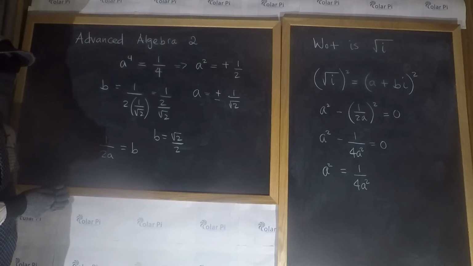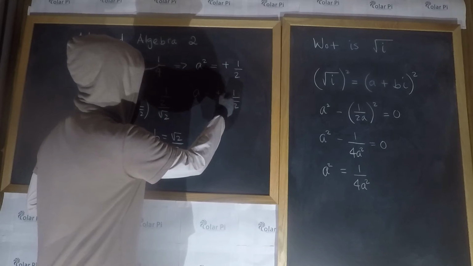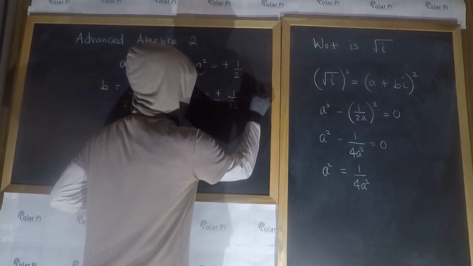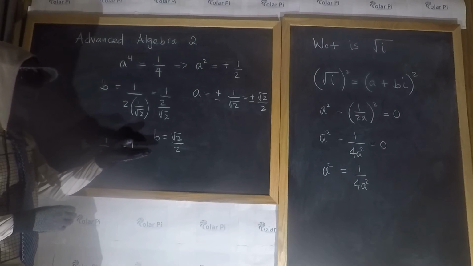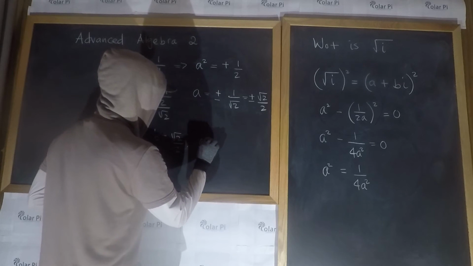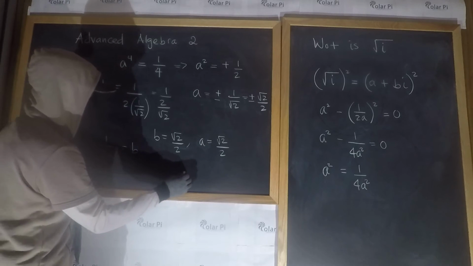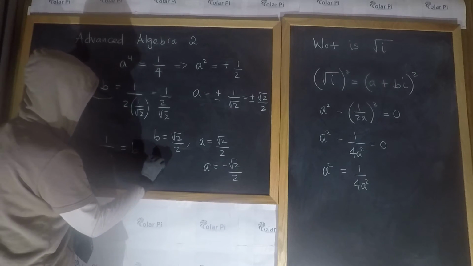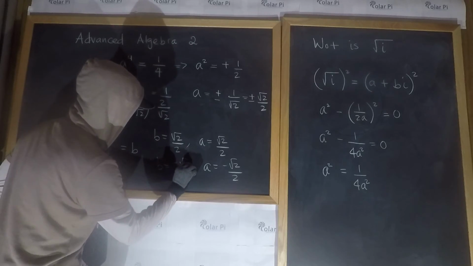Remember, saying a is equal to plus or minus 1 over root 2 is the same, when we rationalize it, as saying it is plus or minus root 2 over 2. So when a is positive root 2 over 2, b is also positive root 2 over 2. And you can do this yourself, but when a is negative root 2 over 2, b is going to be, just substituting here, negative root 2 over 2.